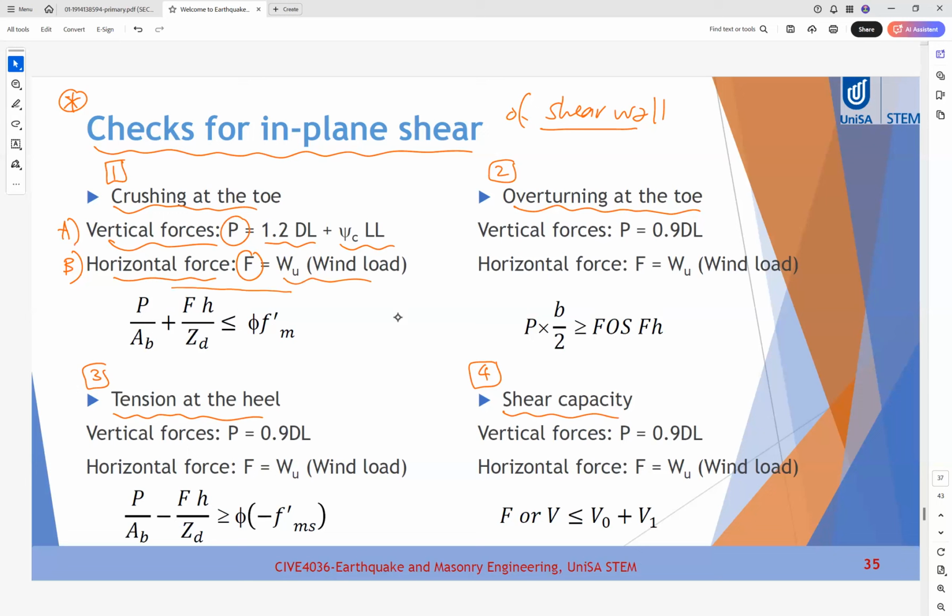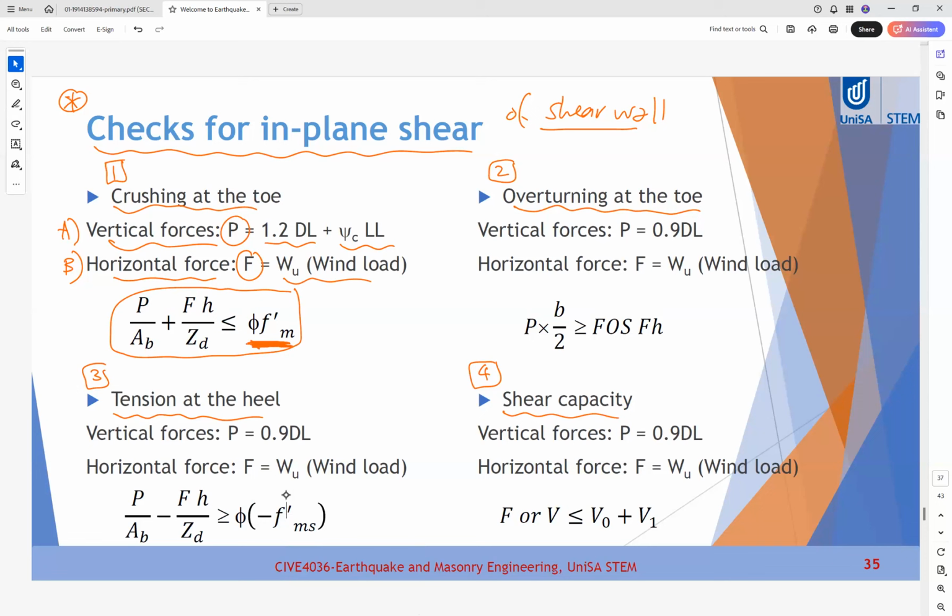So the check is N, the vertical load, over AB, the bedding area, plus F, the horizontal load, times H, the height of the horizontal load, over ZD, the section modulus of the bedding area, should be less than or equal to phi f'm. We will see it later.